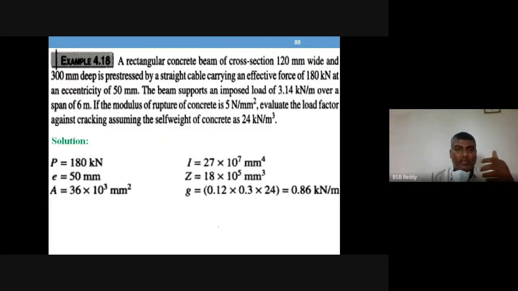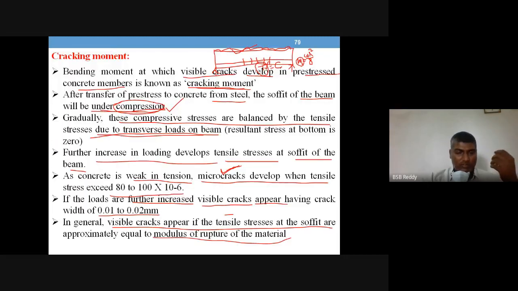If that value is crossed, then visible cracks appear. That is the information regarding what a cracking moment is and how the crack is going to propagate.